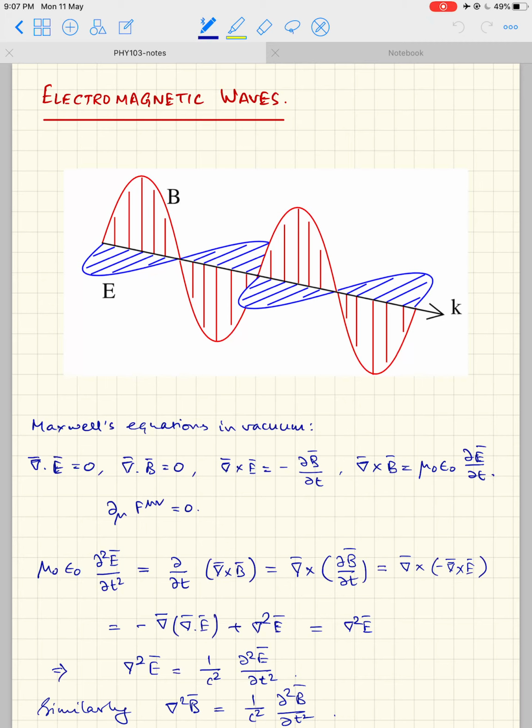As I said, this forms three mutually perpendicular directions. So we simplified things a little bit by choosing E to oscillate just along the y direction. You could have made things a little more involved by choosing some arbitrary direction which was perpendicular to the x direction. Even then you would have found that B is perpendicular to both E and k. It's just a question of rotating the axes, if you wish.